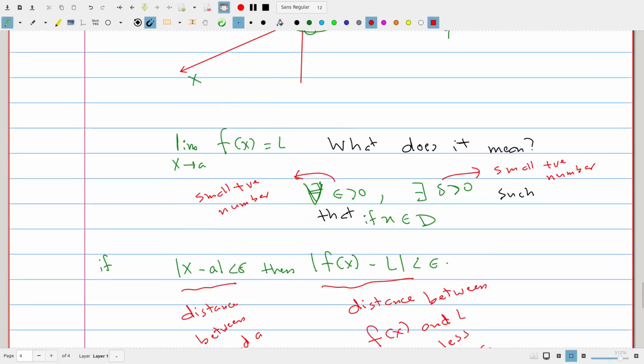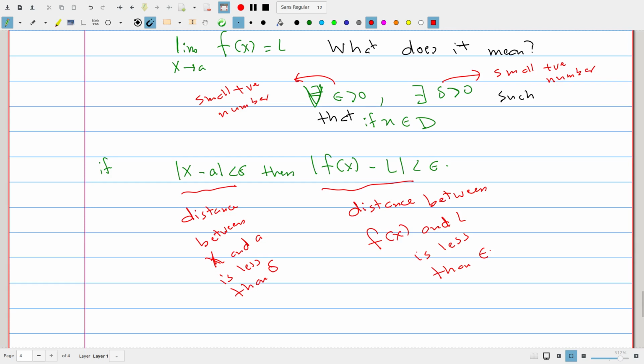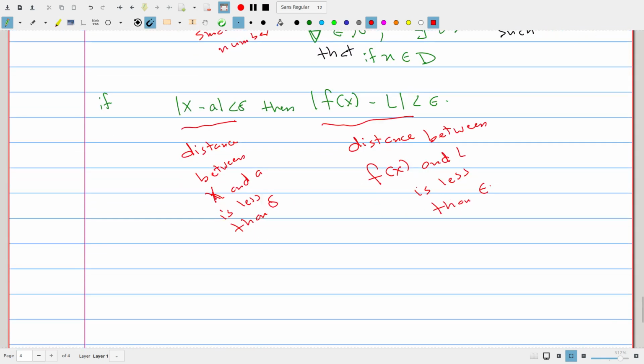So this is what we learned about, this is how we define limits of single variable functions. Now we will come up with an analogous definition for limits of multivariable functions.